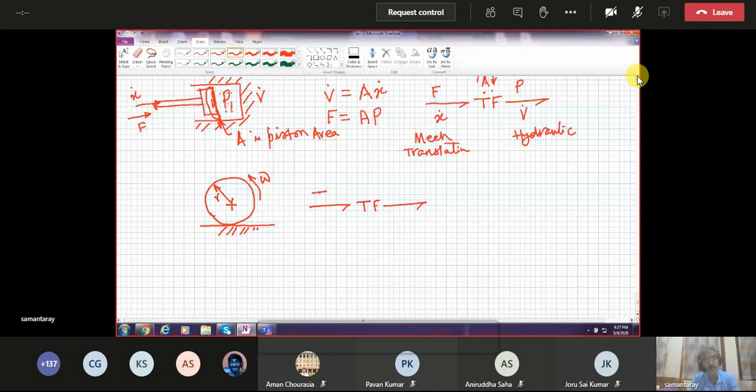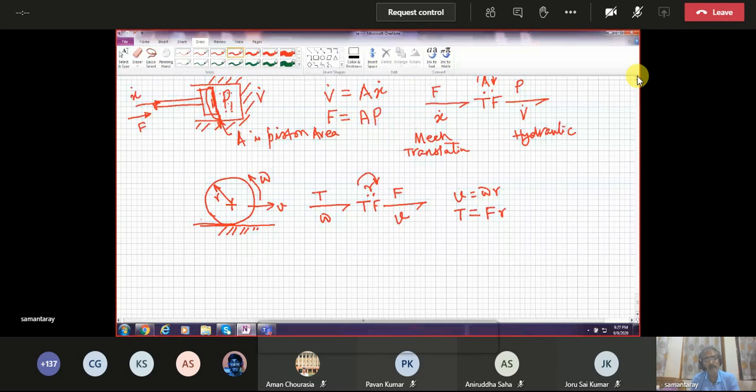The transformer ratio is R. This side you have force and velocity. So what we have is V equal to omega R, and torque is equal to F into R. F here is the friction force. If you are rotating like this, then the friction force is like this, F. Okay? So both things occur simultaneously.